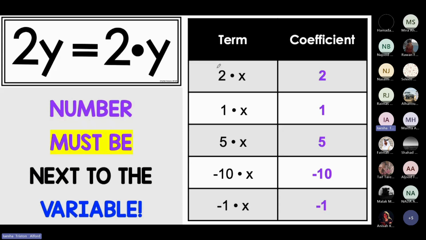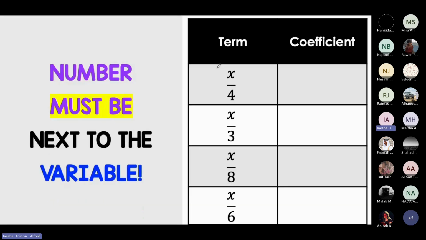It is always touching the variable. So try another one. Here we have x over 4. What do you think is the coefficient here? Positive 4. No.